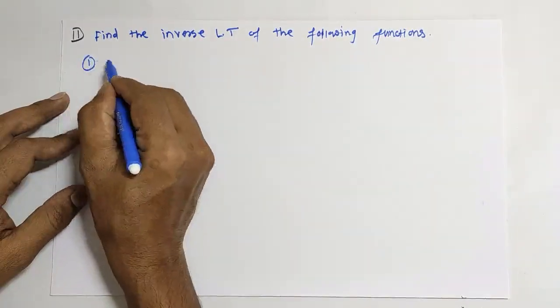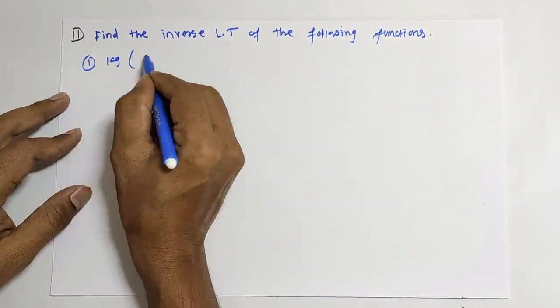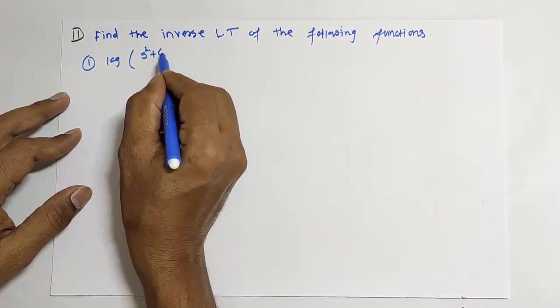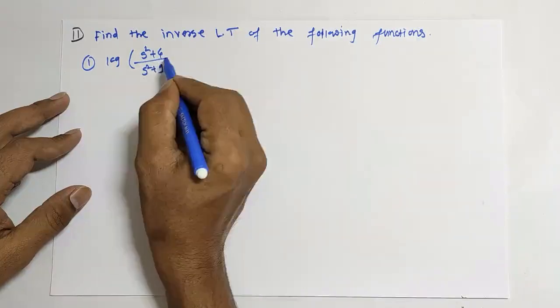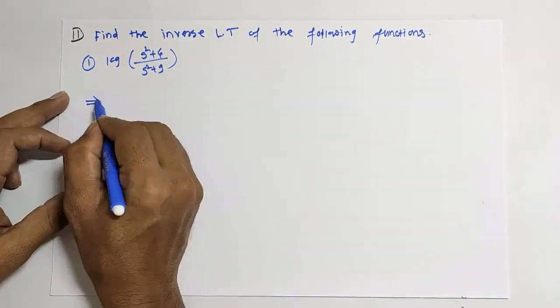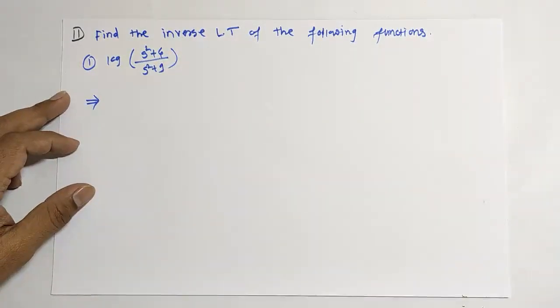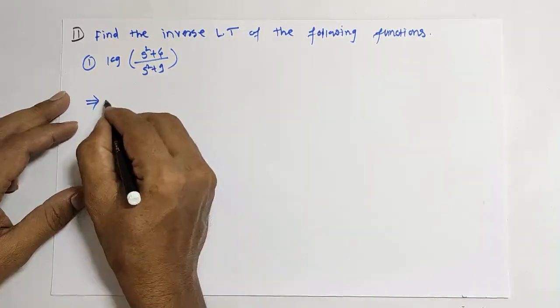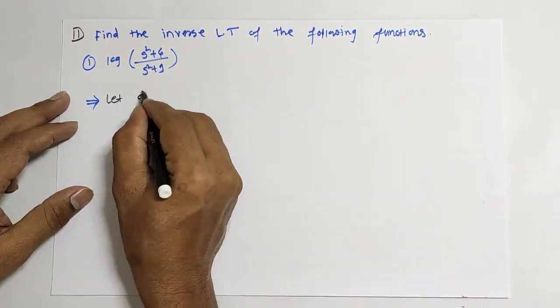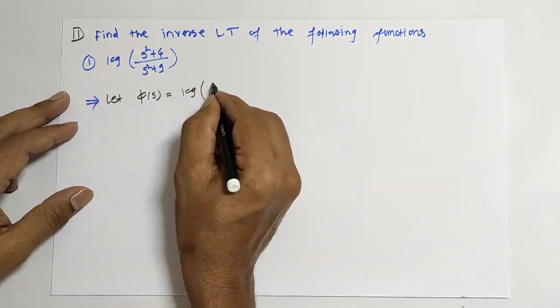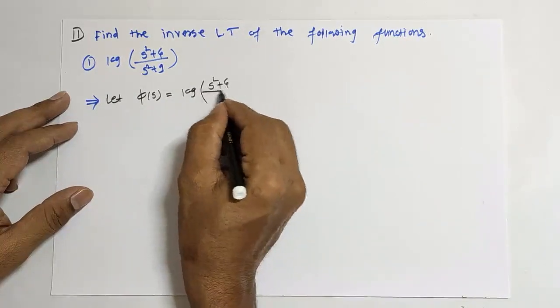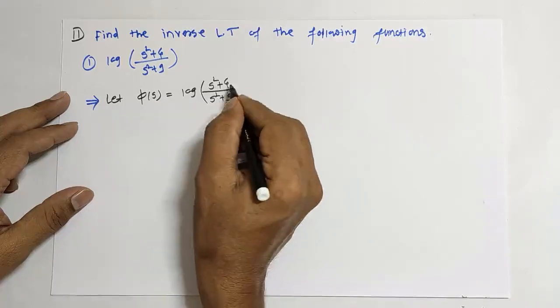Number 1, log of s square plus 4 upon s square plus 9. Okay, this is the example. I am going to consider this as phi of s, log of s square plus 4 upon s square plus 9.